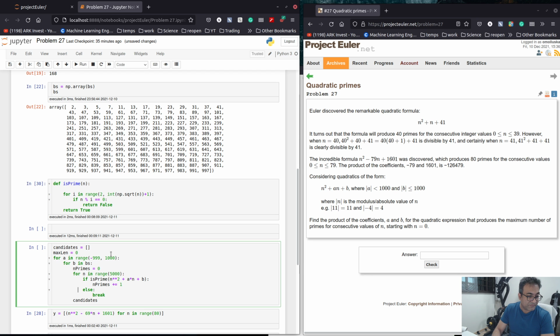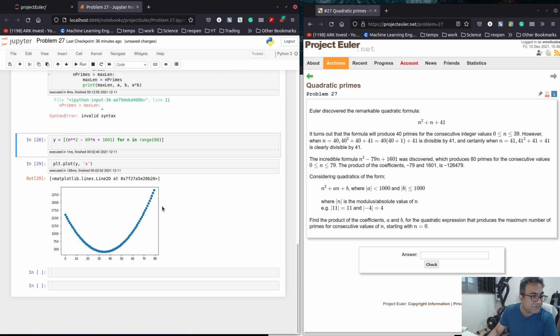Okay, if n primes is greater than max length, then max length equals n primes, and let's print max length. Let's print a, and let's print b, and let's also print a times b. Okay, and let's see how many we get.